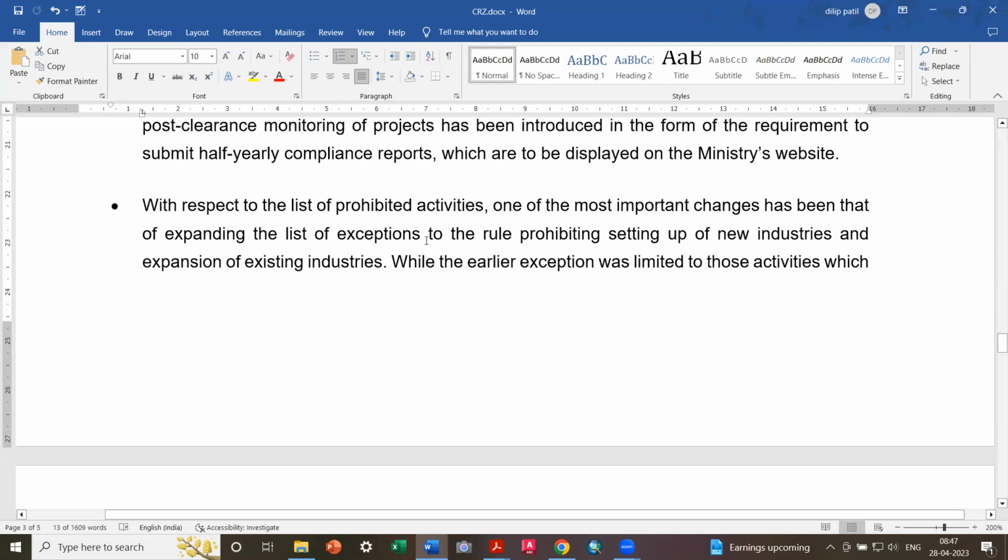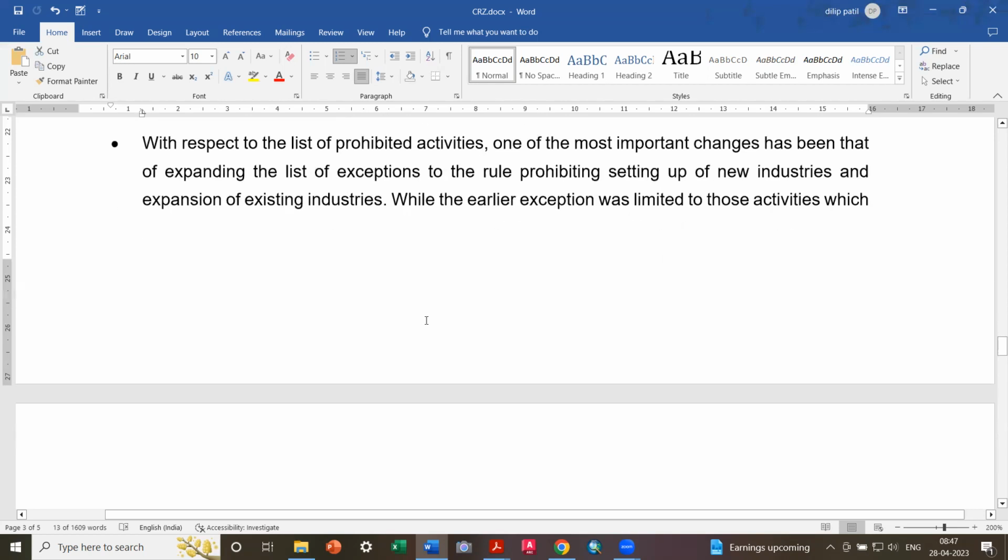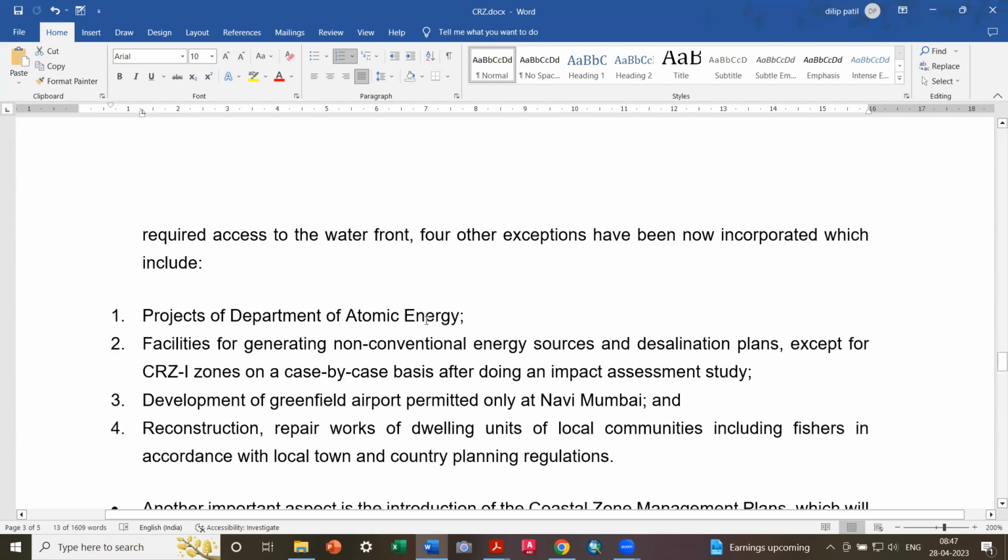So with respect to the list of prohibited activities, one of the most important changes has been made, that of expanding the list of exceptions to the rule prohibiting setting up of new industries and expansions of existing industries, while the earlier exceptions were limited to those activities which required access to the waterfront. 4 other exceptions have now been incorporated, which include projects of the Department of Atomic Energy. म्हणजे यांना एक्सेप्शन दिलेलं आहे, की अशा प्रकारचे प्रोजेक्ट्स तिथे येऊ शकतात.